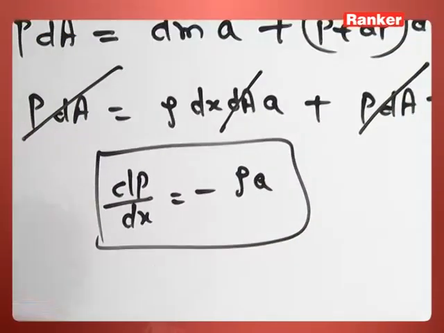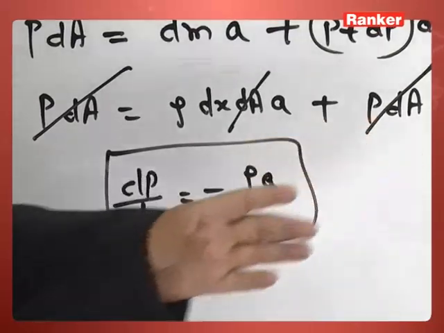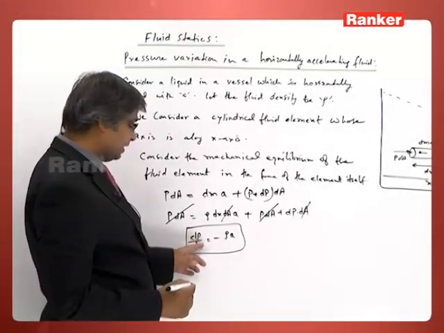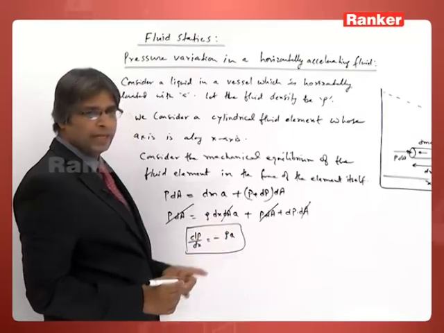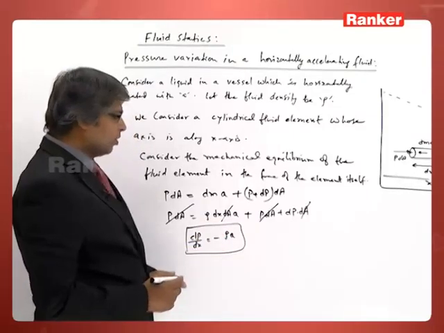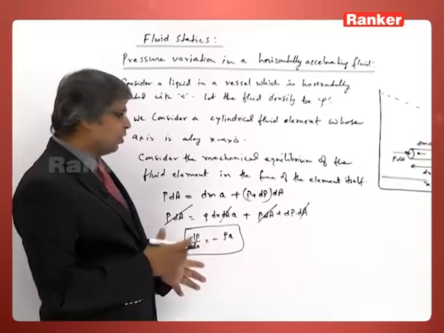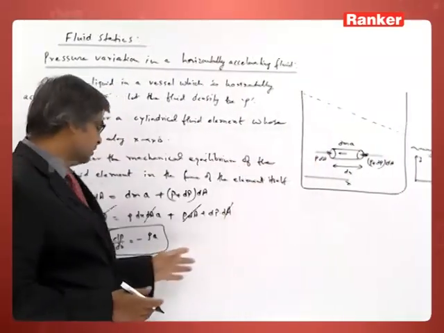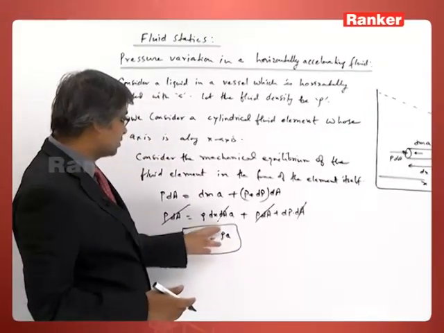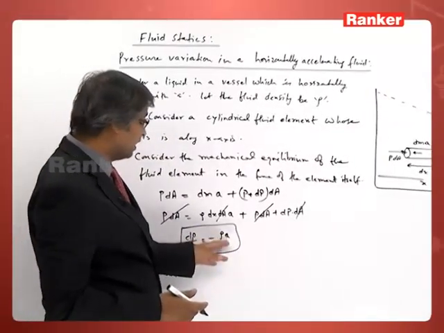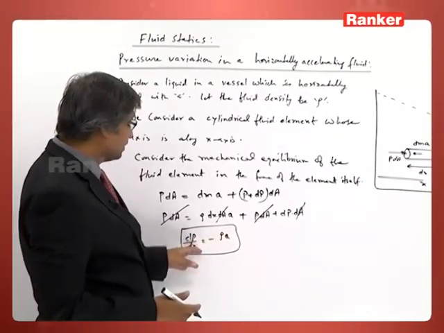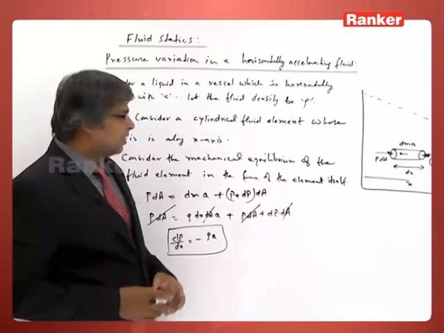Thus, we see that as we move along x, the pressure decreases. So, the rate of pressure dP by dx is equal to minus rho A. So, if I take both this into account, how pressure varies with x and y, we have to write this dou P by dou x along A as minus rho A, and dP by dy is equal to minus rho g.